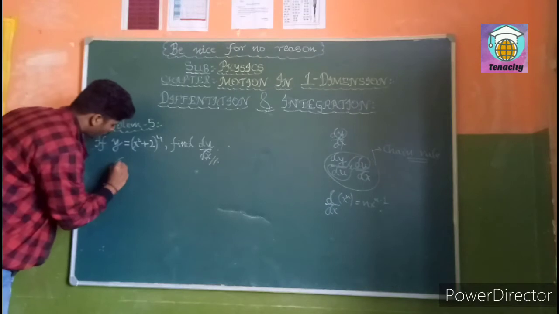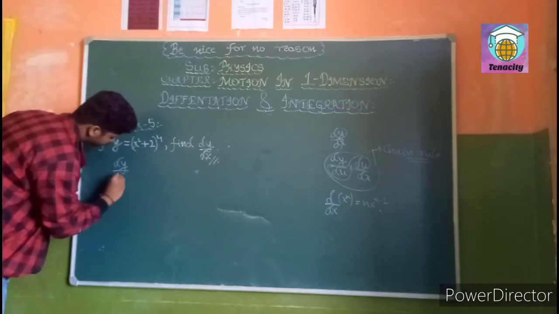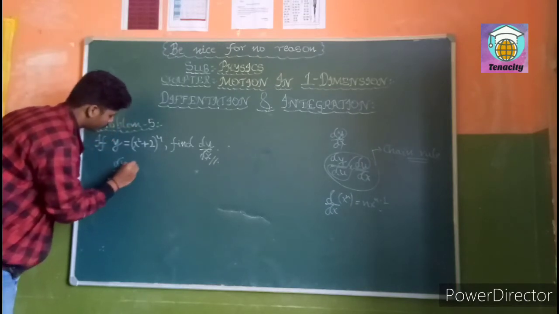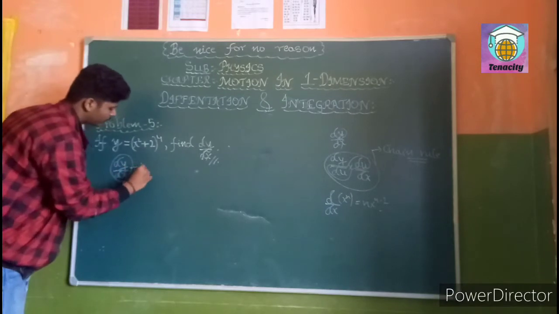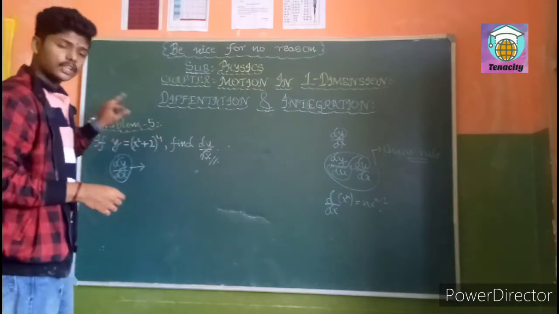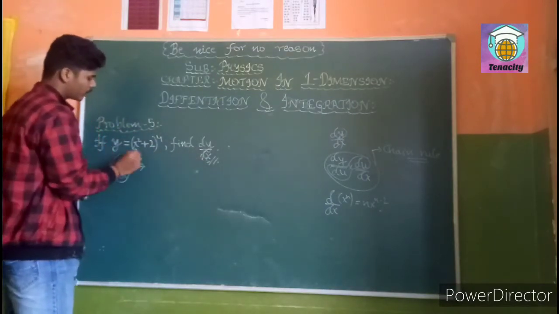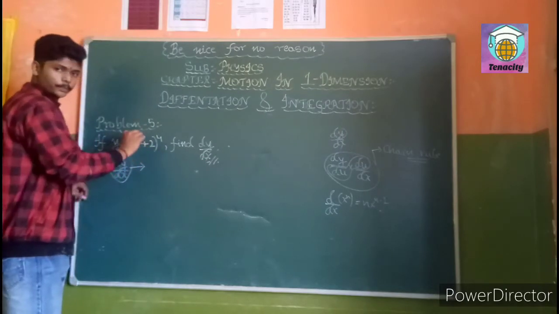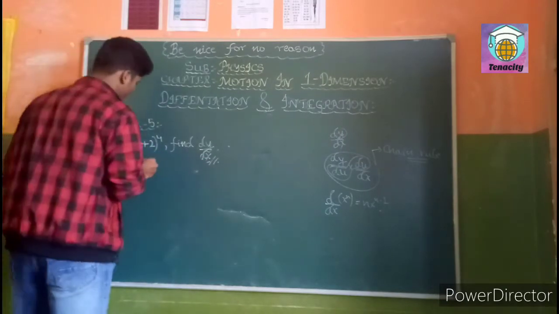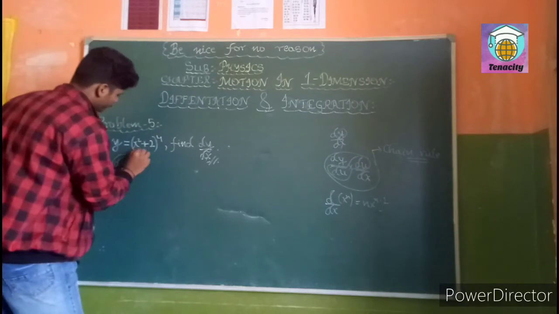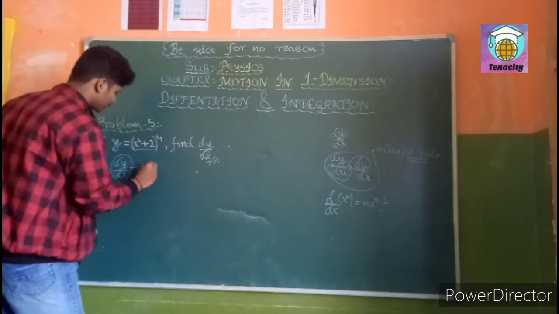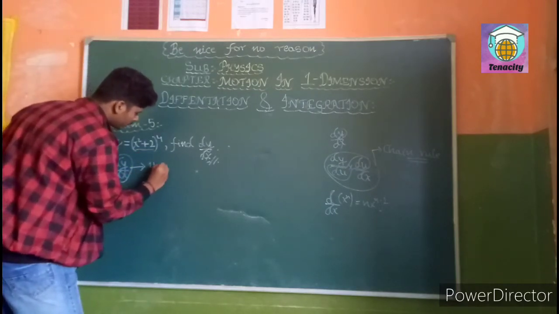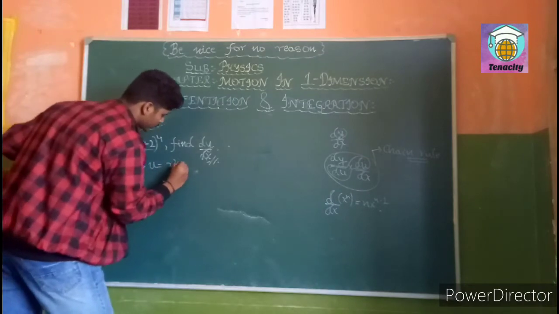They have asked dy by dx. First, you have to differentiate with respect to x. Here they have given x square plus 2. So now let u be x square plus 2.